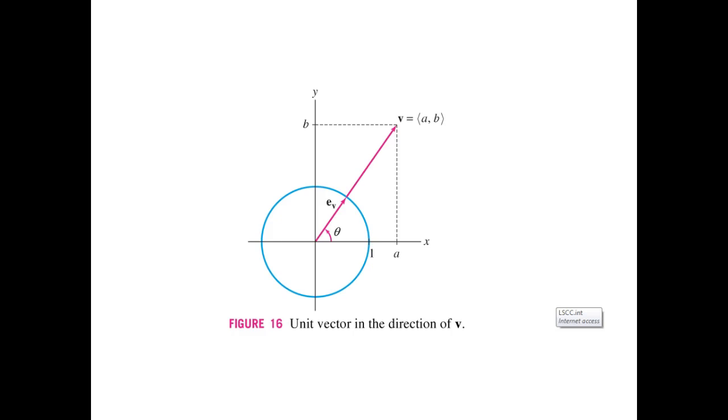Now, I'm not sure they're going to do this, but let's do it because it's fun. This represents some angle theta. Can you tell me anything about that angle theta? Let me remind you, this vector V has x component a and y component b.